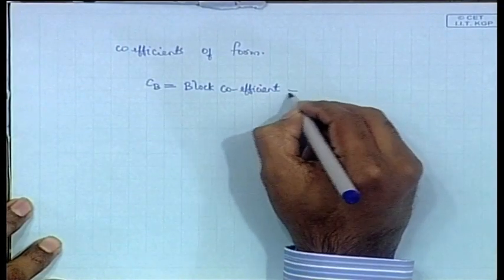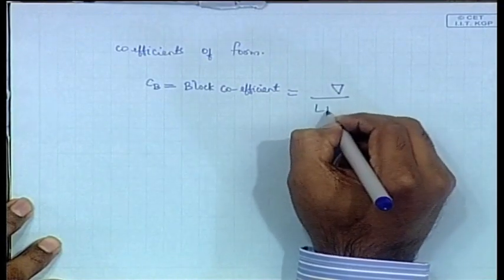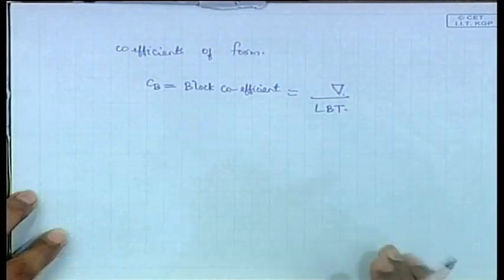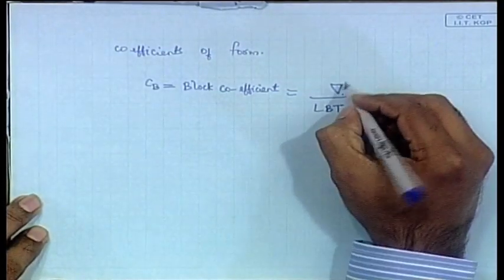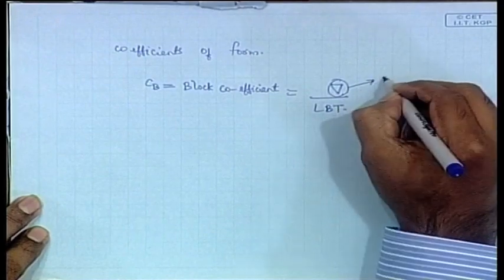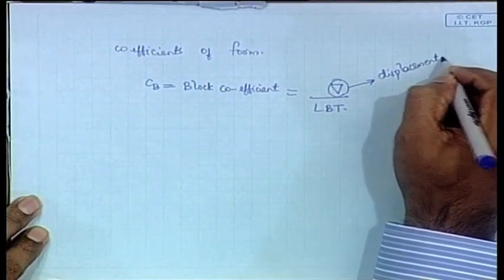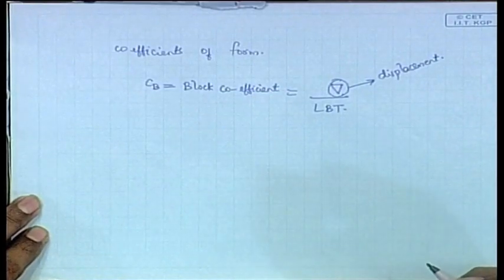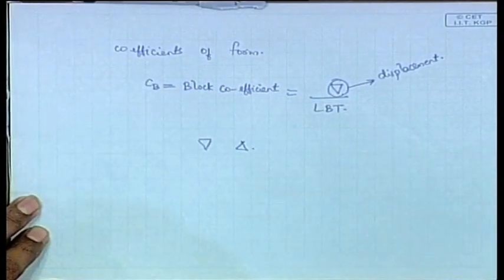We define Cb as the block coefficient. Oh, this is one thing I forgot to mention. In the hydrostatic particulars there is one more thing, known as displacement. There are two terms associated here, both of them representing displacement.